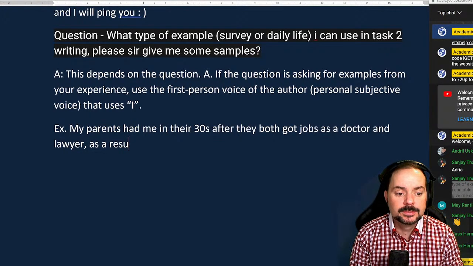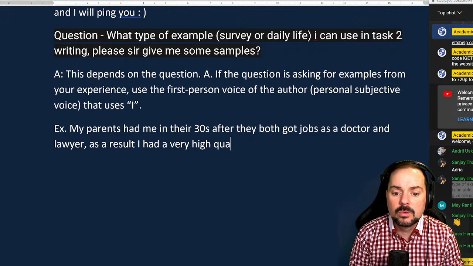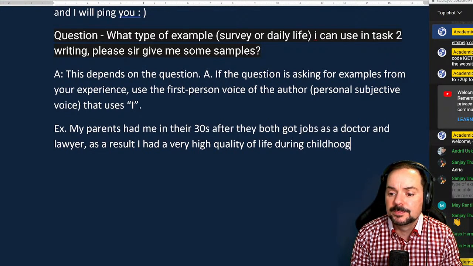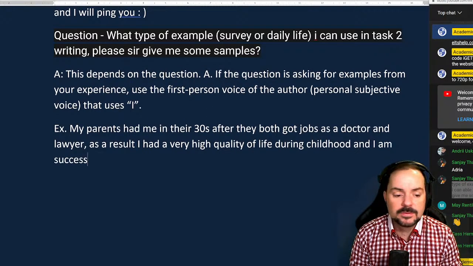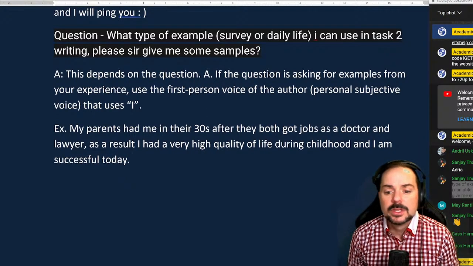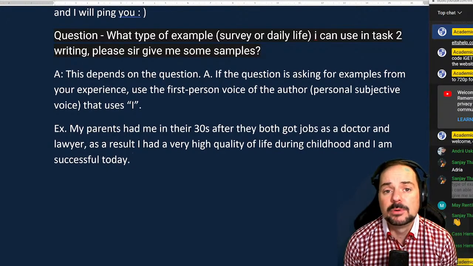As a result, I had a very high quality of life during childhood, and I am successful today. So you could use an example like that.